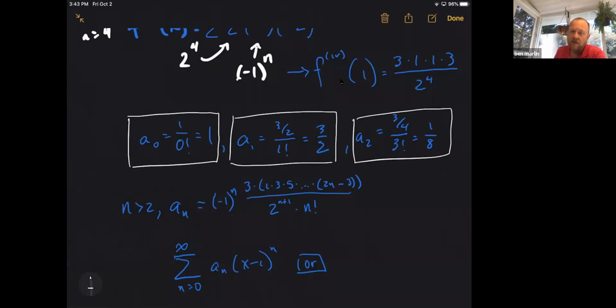But we'll notice that there's a 3 hanging in at the front on all of those. And then after n is past 2, it starts up this pattern here. 1, 3, 5, blah, blah, blah. You know it ends at some odd number.